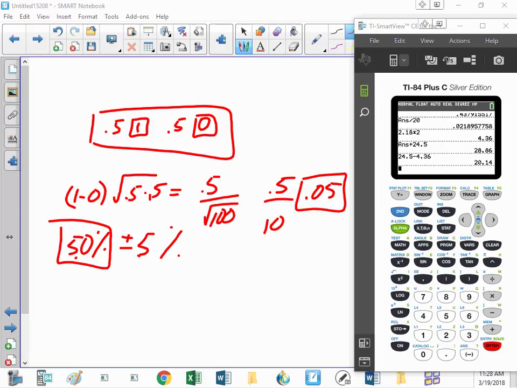So here's what it's saying. Somewhere out there is a true percentage. And we are 95% confident that our interval is correct. But it could be any one of these intervals, and I might be wrong.